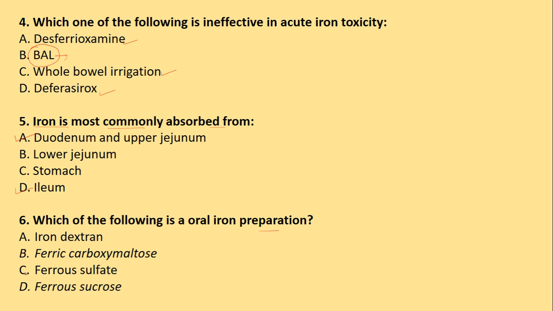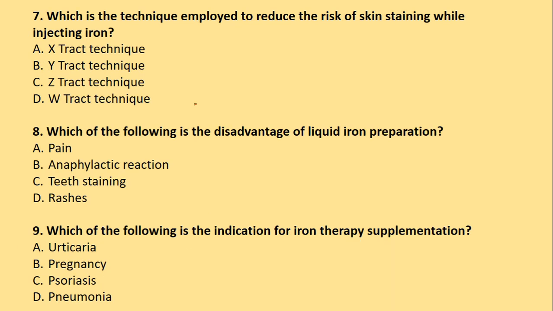The correct answer will be ferrous sulfate, which is the oral iron preparation, whereas the rest are all parenteral iron preparations. So seventh MCQ, which is the technique employed to reduce the risk of skin staining while injecting iron preparation? Your answer should be Z-track technique.